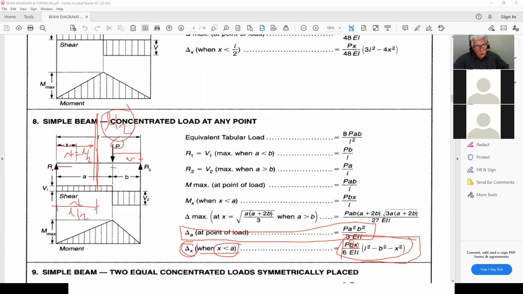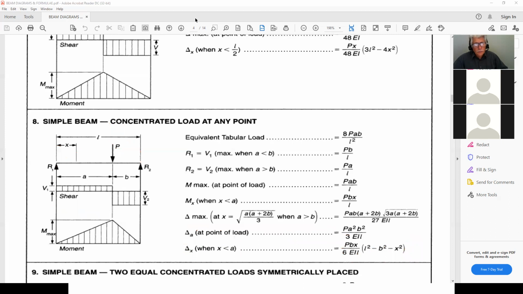And after that, L is the span, B is a distance, x is L over 2, E is the modulus of elasticity, and I is the moment of inertia. And of course, I multiply that by L. So here's my equation.